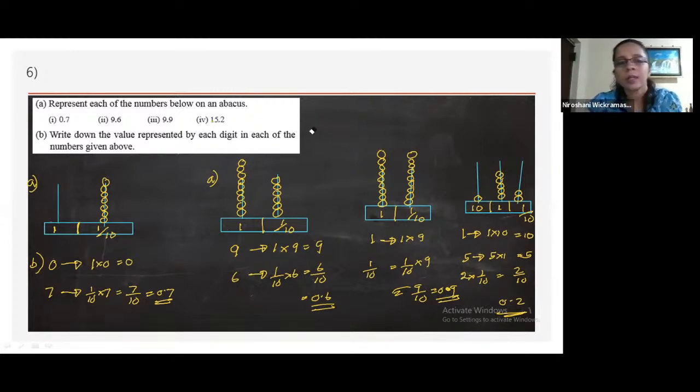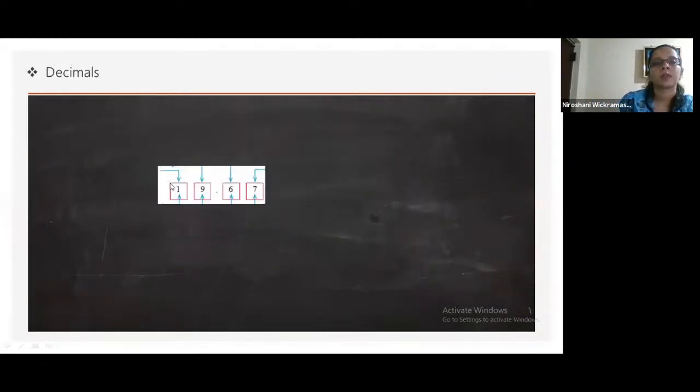Let's go to the next question, question number 7. Decimals. Then we are going to name these parts. 19.67. So this is tens place, and this is unit place.